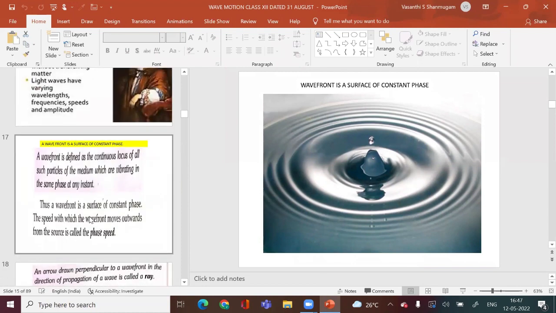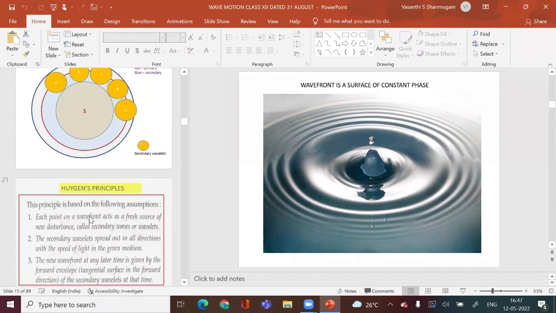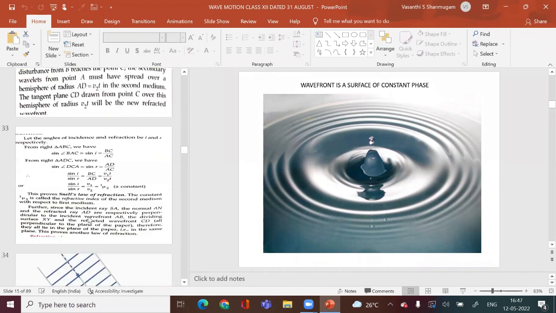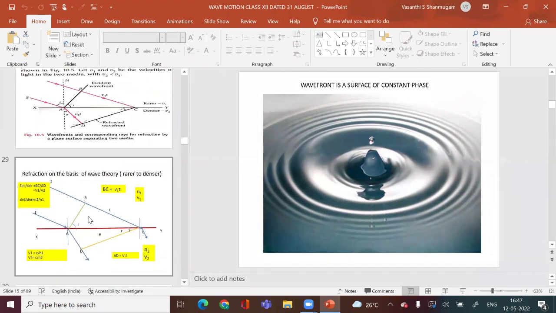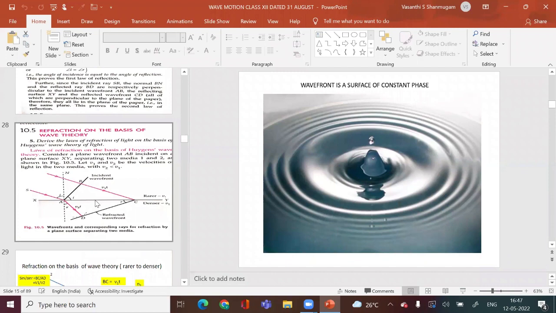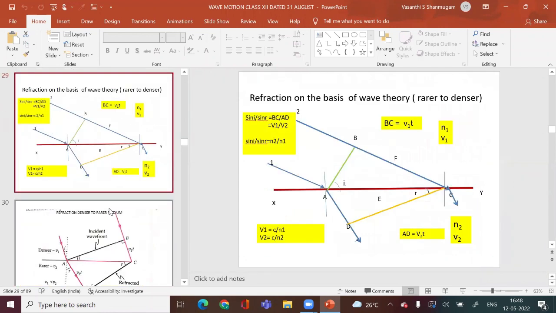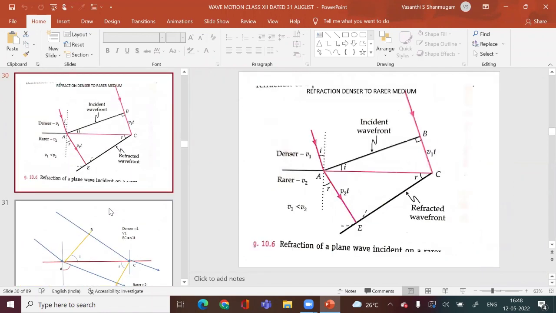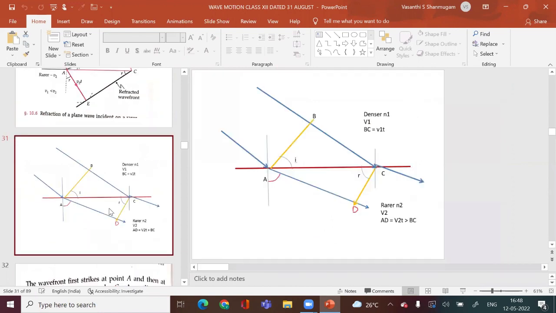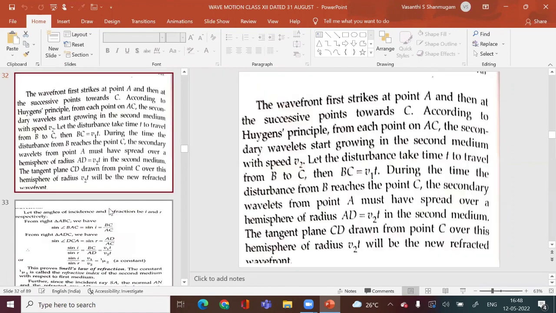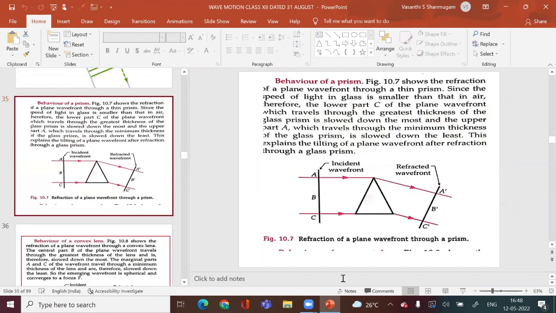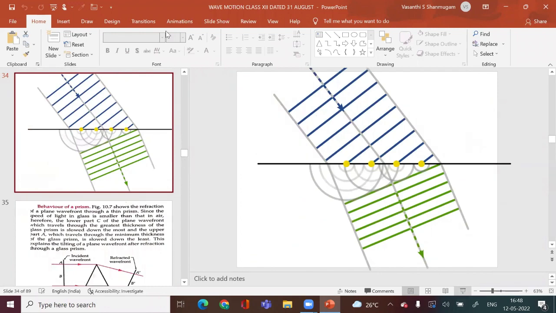In a 3-mark question, they may ask you to explain refraction of light using Huygens principle, from rarer to denser or denser to rarer. This picture, I liked it very much.